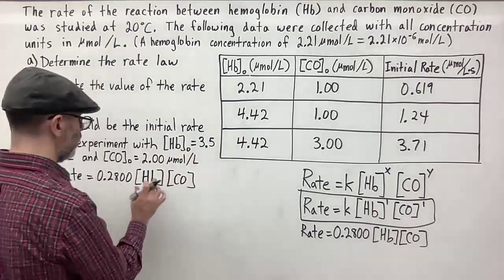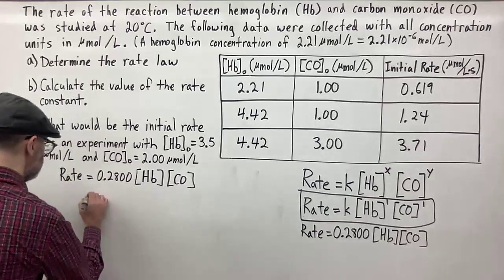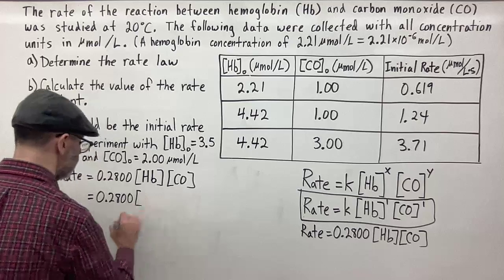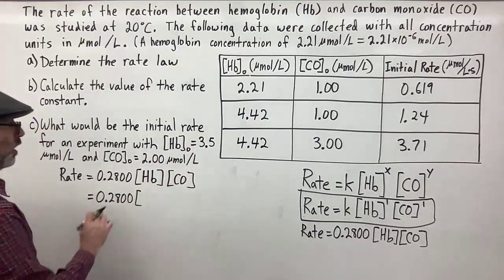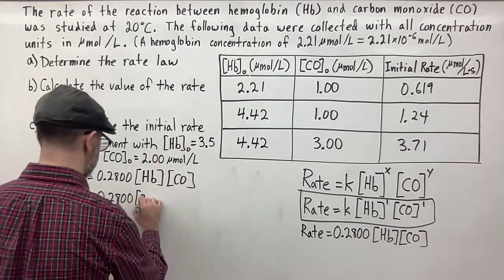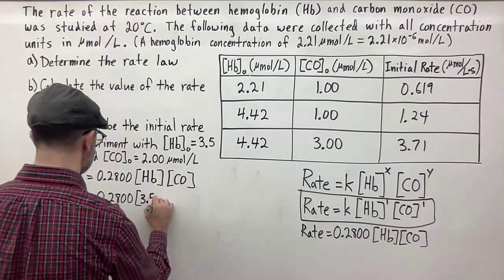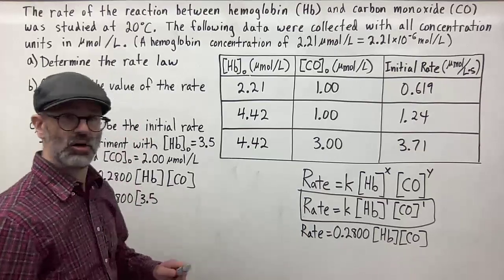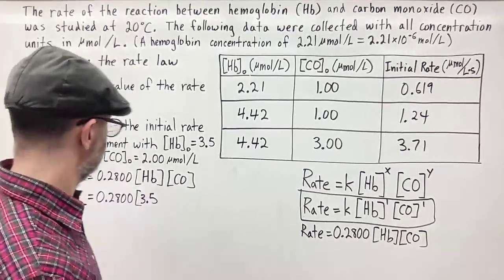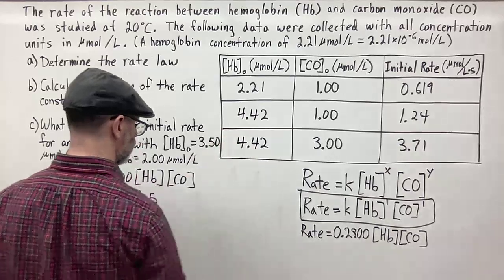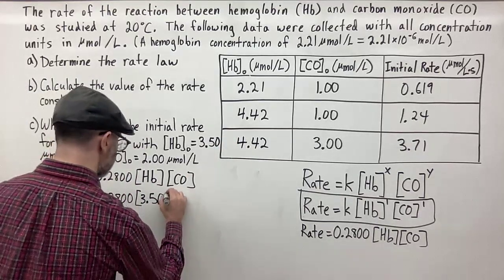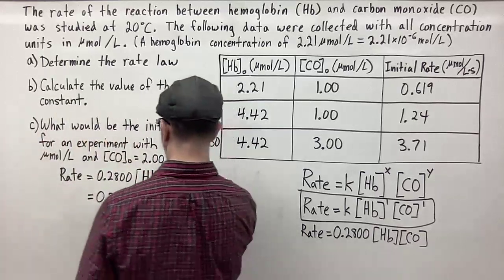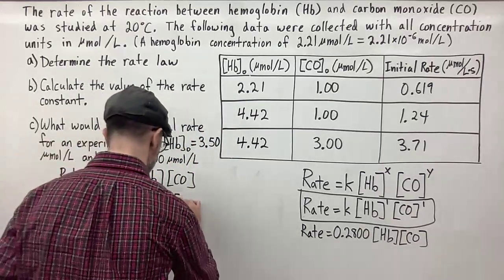So they gave us the hemoglobin and carbon monoxide concentration, so that's going to be 0.2800 times 3.5. I believe that's a 0. Let me check. Yeah, it's a 0. So that's 3.50 there, micromoles per liter, multiplied by that of carbon monoxide, 2.00 micromoles per liter.